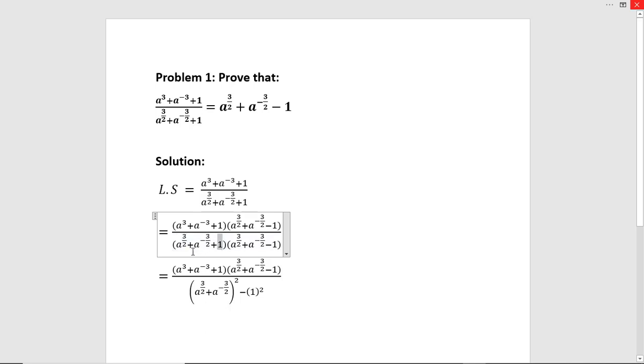Using this formula we can write a square minus b square, that is a to the power 3 by 2 plus a to the power minus 3 by 2 whole square minus 1 square. And we will keep the numerator unchanged, because in the numerator we will get this expression as our right hand side. So we need to keep it as it is.